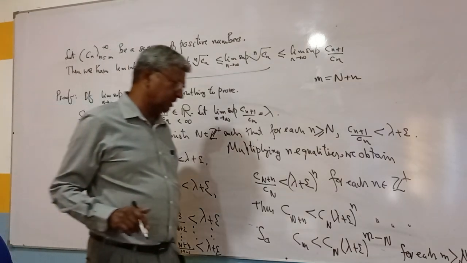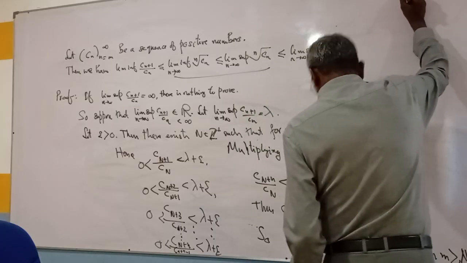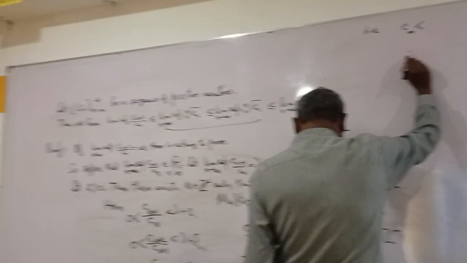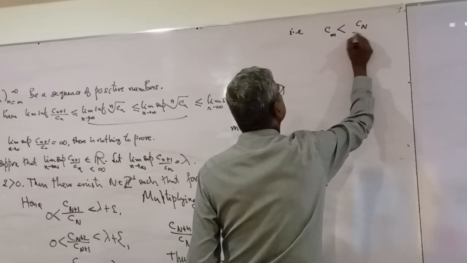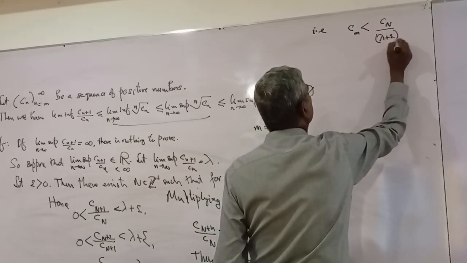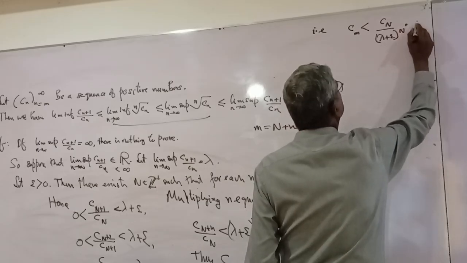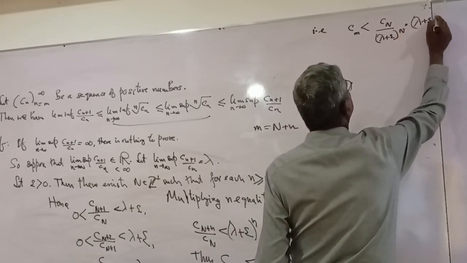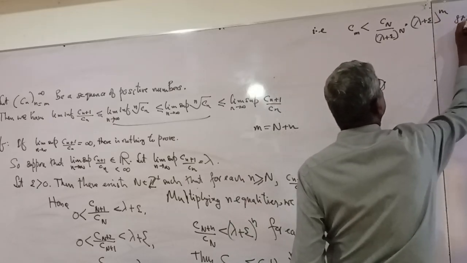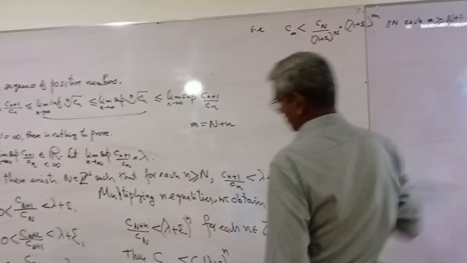That is, c_m is strictly less than c_N divided by (lambda plus epsilon) raised to the power N, times (lambda plus epsilon) raised to the power m. This is true for each m greater than or equal to N plus 1.